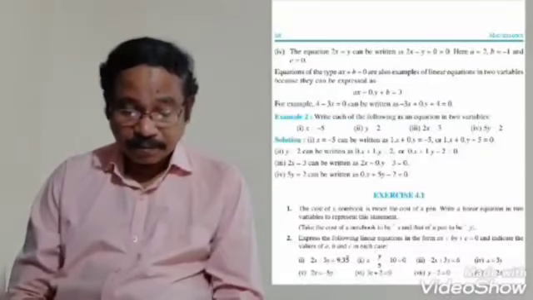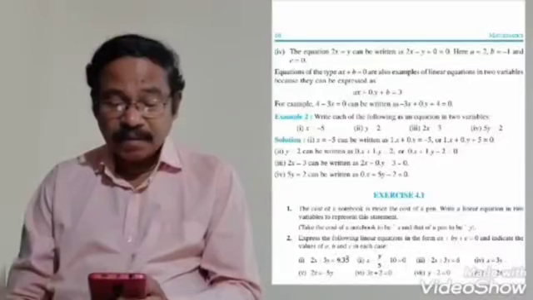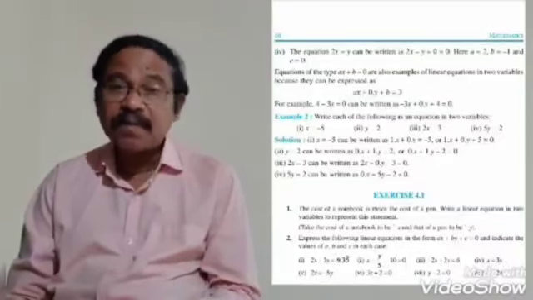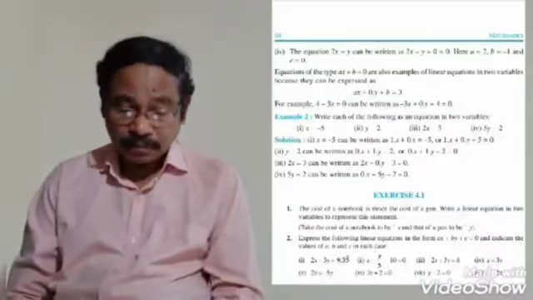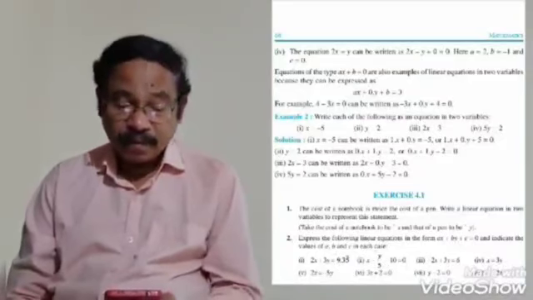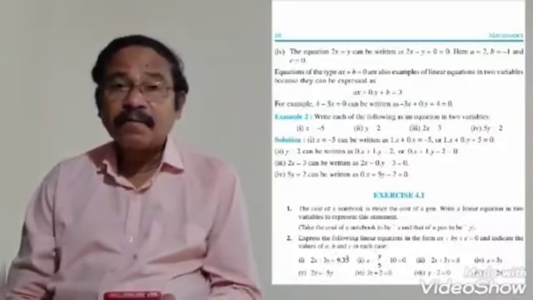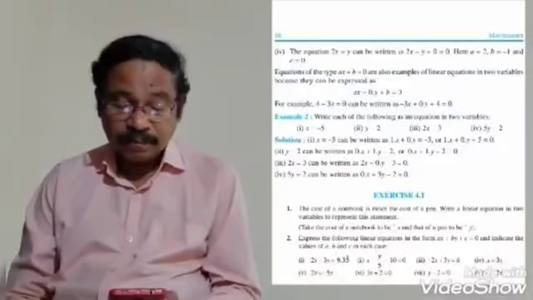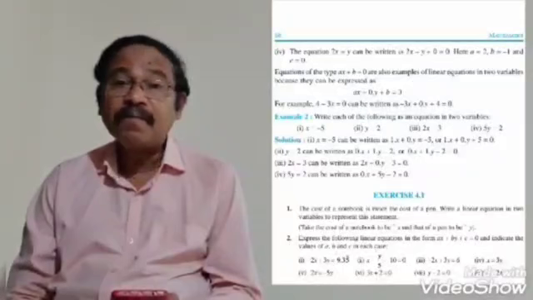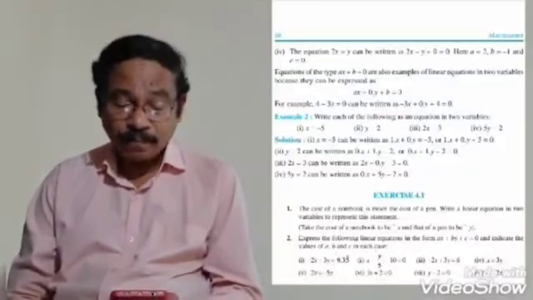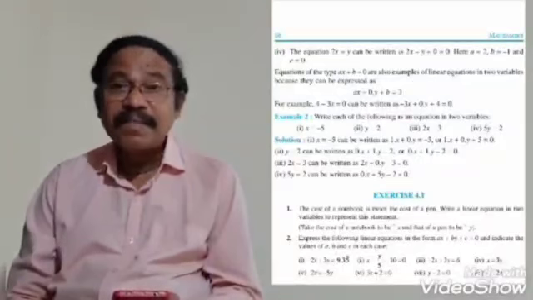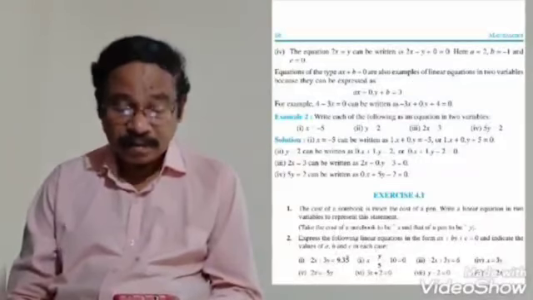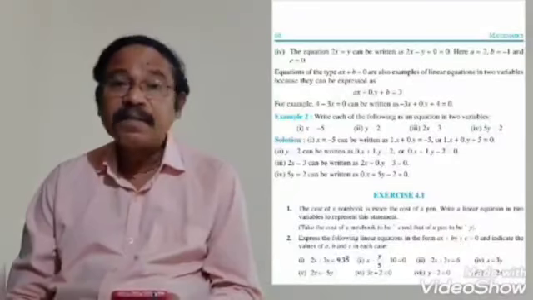Next, second one, x minus y upon 5 minus 10 is equal to 0. Here it is in the standard form, no? The x coefficient is 1, therefore a is equal to 1, b is equal to minus 1 upon 5 and c is equal to minus 10.